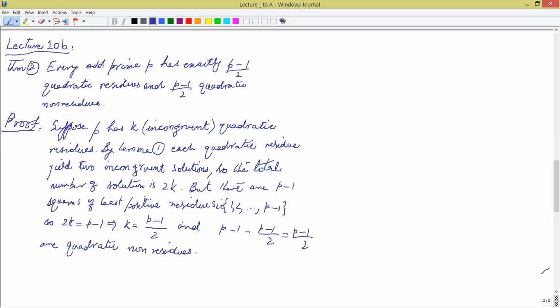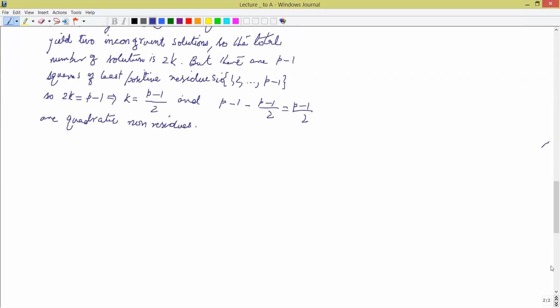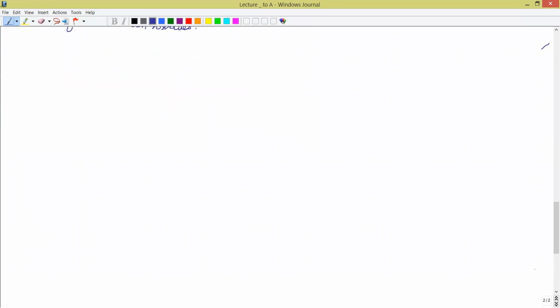Okay, now move to the second result, which is Euler's criterion.